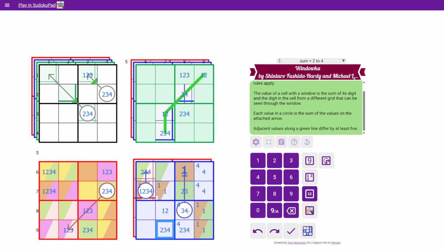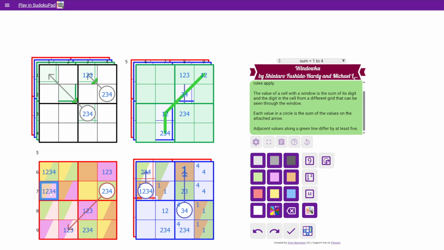If this was a 4, it looks totally fine. I'm not sure. If this was 2, it could be 1, 1. This would be pink.